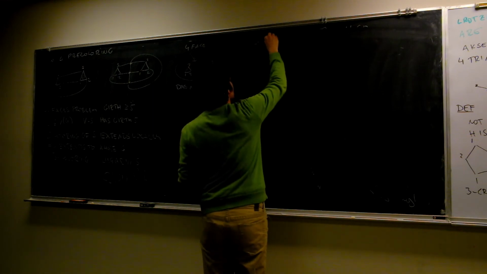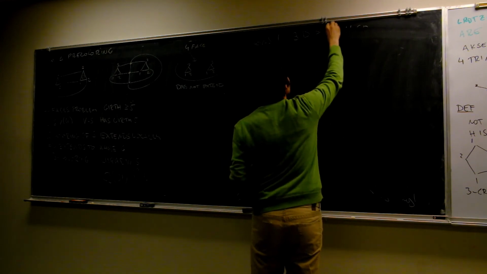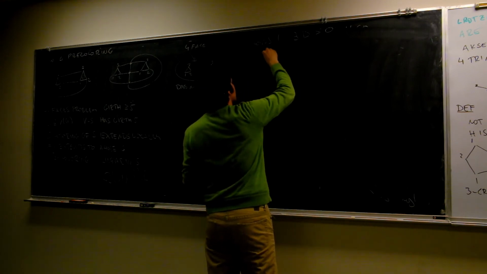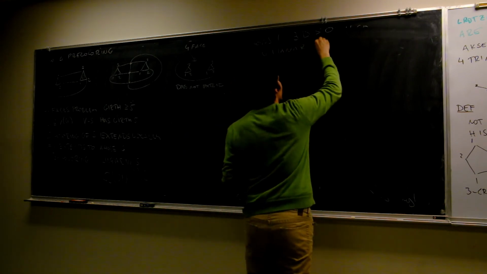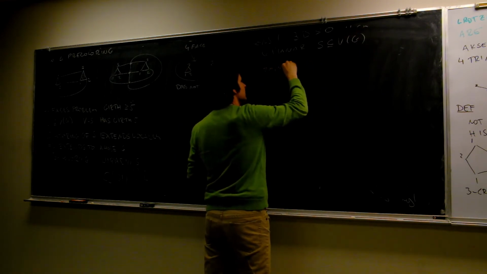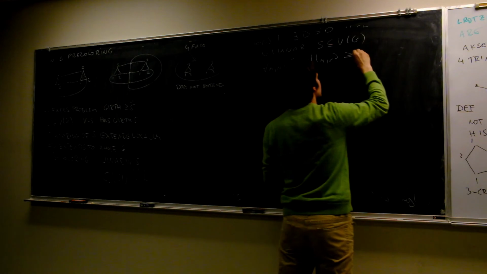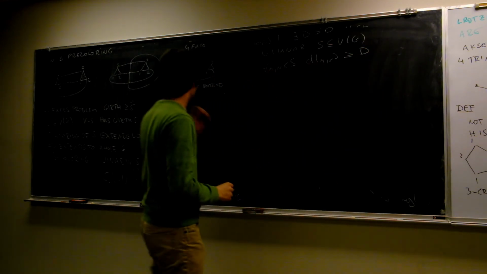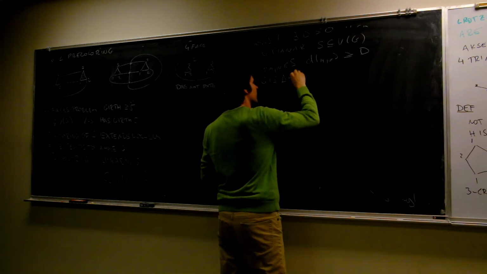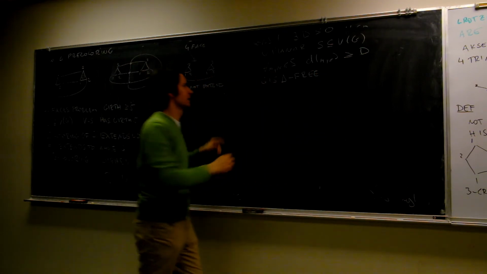So, conjecture: there exists D bigger than 0 such that if I have G planar and S is a subset of the vertices of G, and for every two vertices in S, the distance of the two vertices is at least D, and G is triangle-free, then any precoloring of S extends.